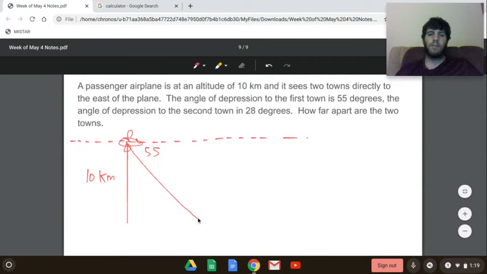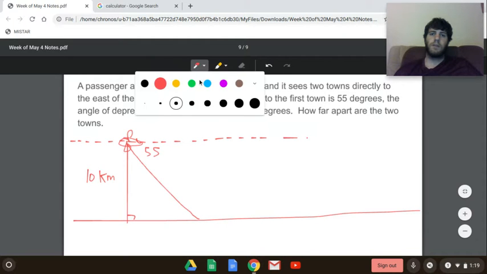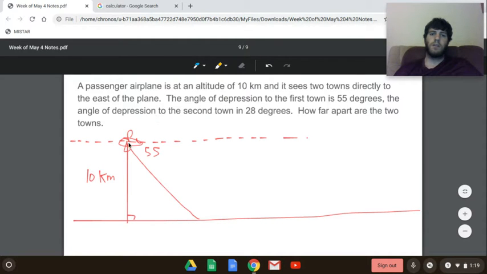Okay, here's the ground. Right, angle of depression of 55 degrees, and then we're going to also have, if I could draw it, an angle of depression of 28 degrees to the second town. So the angle of depression here is 28 degrees.